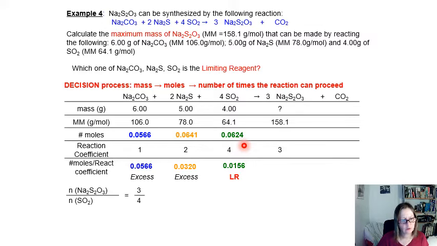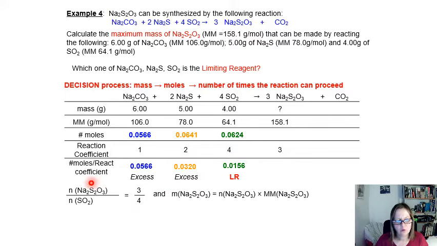So now to answer the question, we use the reaction coefficient to establish our stoichiometric ratio, number of moles of sodium thiosulfate that is produced over a number of moles of sulfur dioxide is 3/4. Then we know that the mass of sodium thiosulfate that will be produced is the number of moles produced here times the molar mass of sodium thiosulfate.